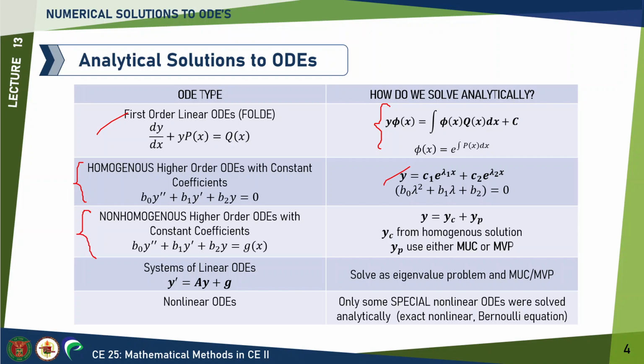For non-homogeneous higher order ODEs, we use the method of undetermined coefficients or variation of parameters, the eigenvalue problem for systems, and some others for nonlinear ODEs. From all of these analytical methods, what we solve for is a solution function, so f of x or f of y.